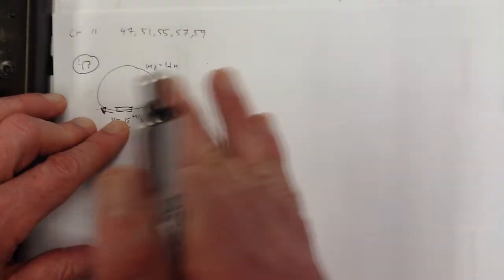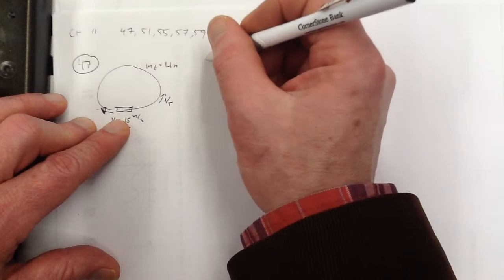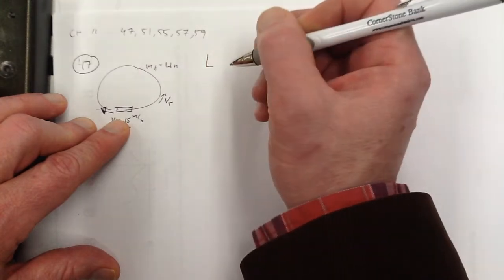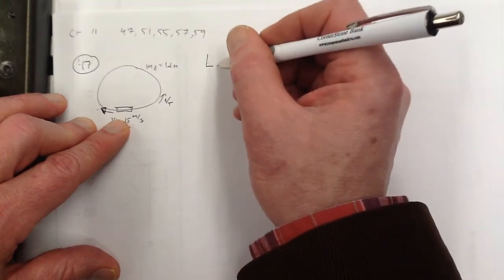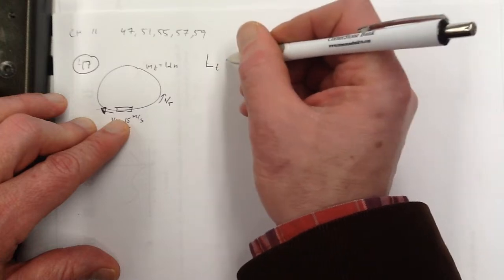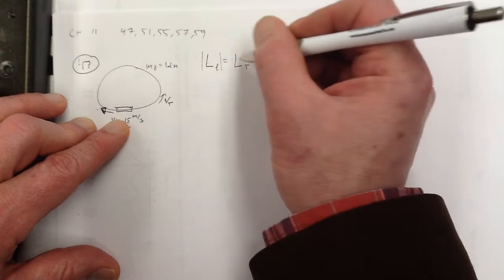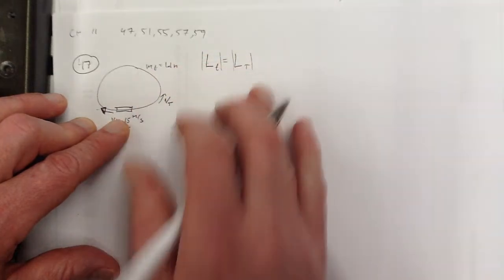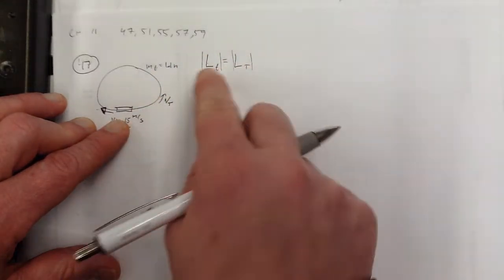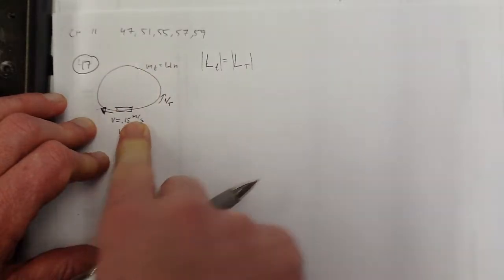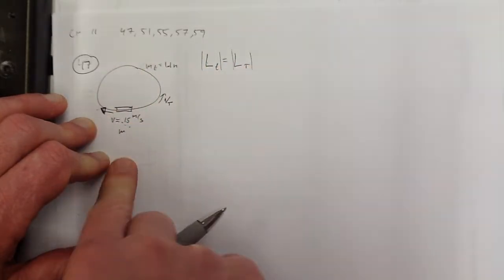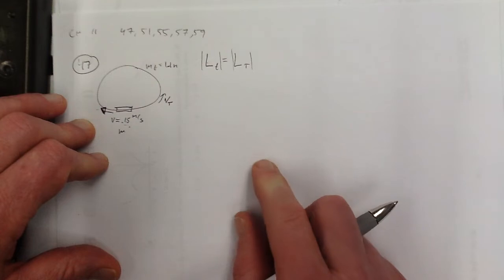So if we're not paying attention to signs, you could just say that the angular momentum of the train would have to be equal to the angular momentum of the track. We could put those in absolute value signs if we wanted to. I wouldn't fuss at you if you didn't do that. But since everything is 0 to start with, they have to be equal, but opposite in direction afterwards.